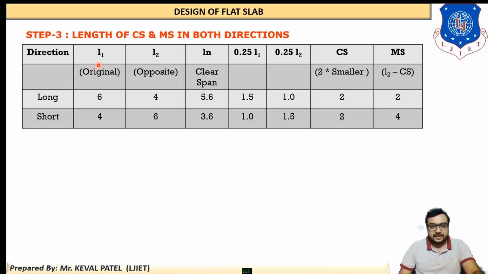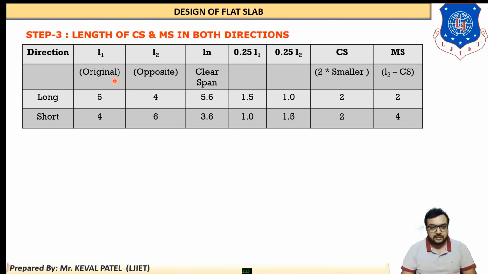Now our second column is L1 and our third column is L2. What is the difference between L1 and L2? Whenever we are working on the longer dimension, we write the value of the longer span in L1, the original length. So if our slab is 3 by 6 meter, then for the long span, 6 is L1 and 3 is L2.